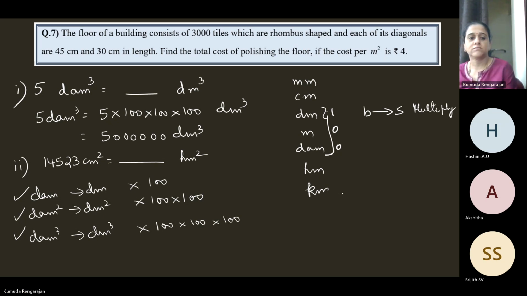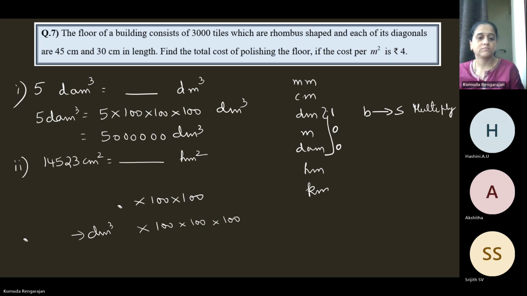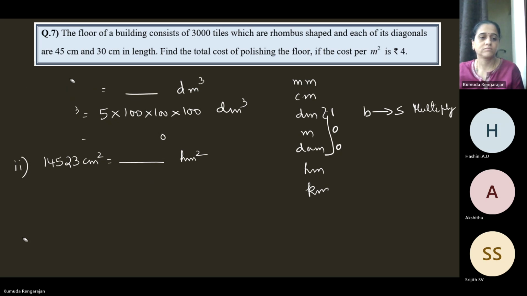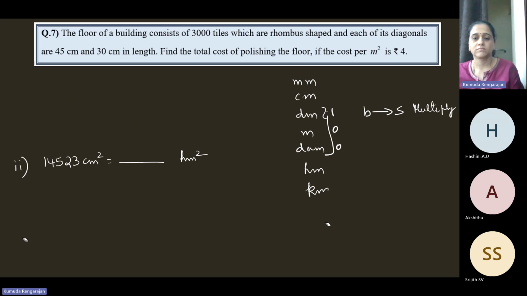The answer 1.4523 hectometer square? Okay, so what's the number?